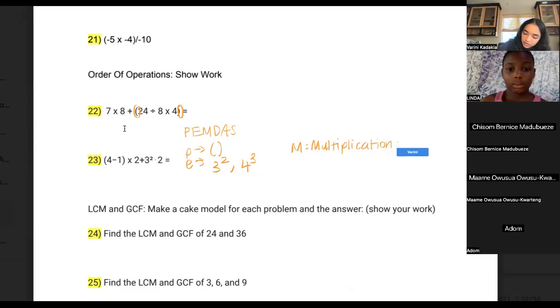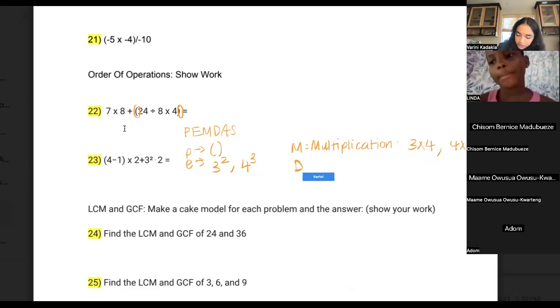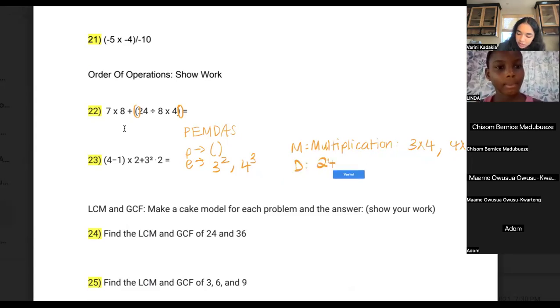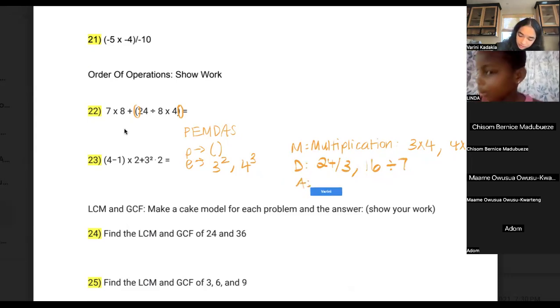That's like 3 times 4 or 4 times 8, something like that. D stands for division, so that'd be like 24 divided by 3, 16 divided by 7. The A stands for addition.